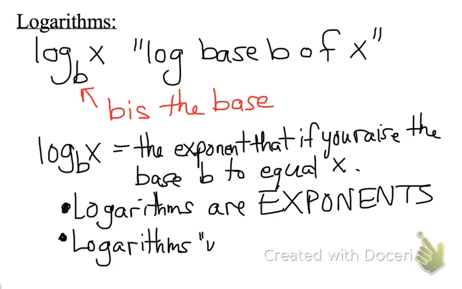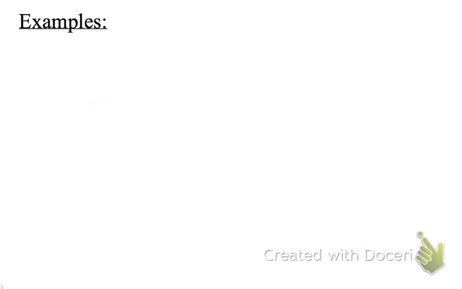They undo exponentials. And so, in a sense, logarithms are the exact same thing as exponents, and we can rewrite logarithms as exponents to help us understand what they are. So, for example, here are some examples. Looking at a few of these will help us understand a little bit better the ins and outs of logarithms.